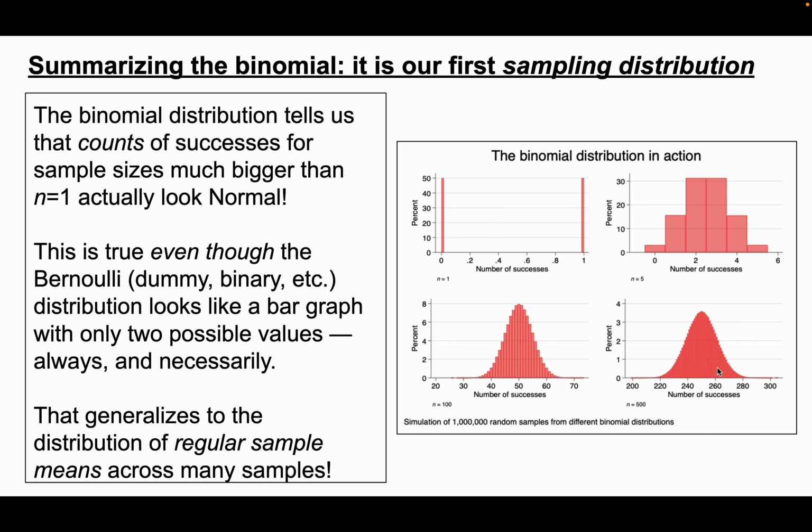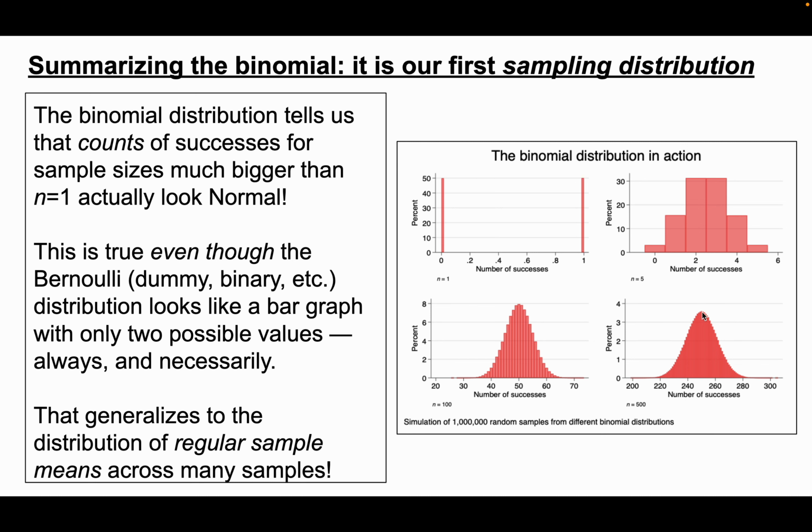And this basically looks like a normal probability density function. It's technically a probability mass function. You can see here, although it's a little bit hard to see, that there's these little ridges. So this is actually just a bunch of different bars, but you can see that it's starting to look really smooth, which is cool.